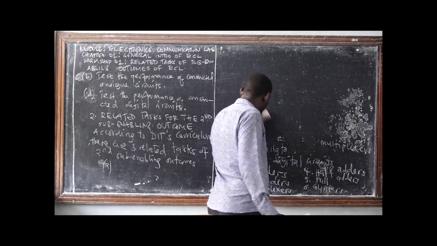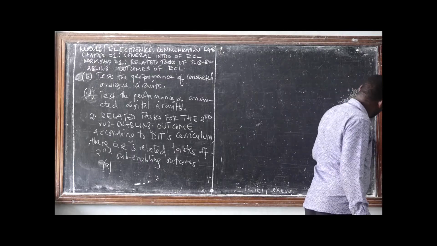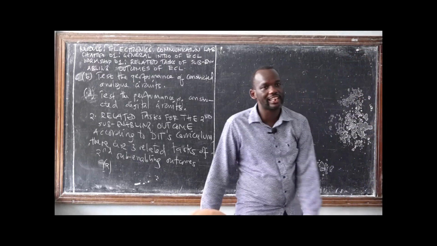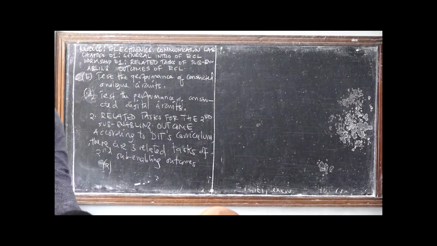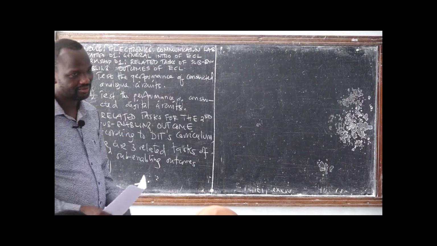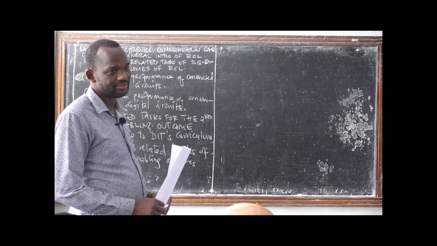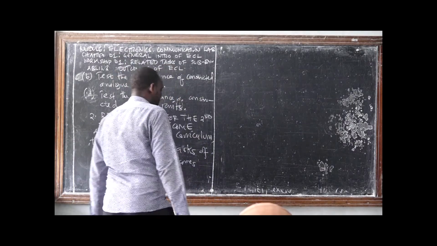So Simba, the ones who are reading it, poor. 1, 2, 3. Let us read the second sub-enabling outcome. Some of you, they don't care about that.